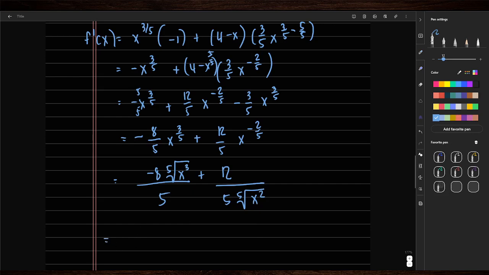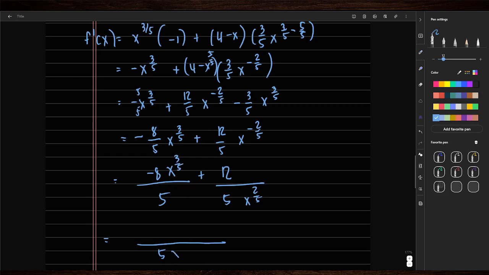As we go along with the equation, this is x to the 2/5, so this is x to the 3/5.